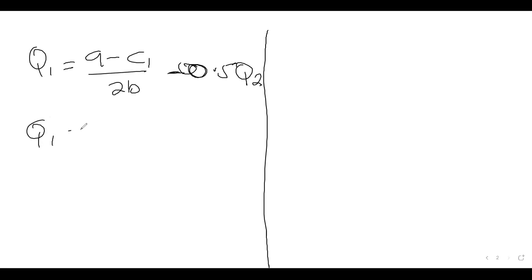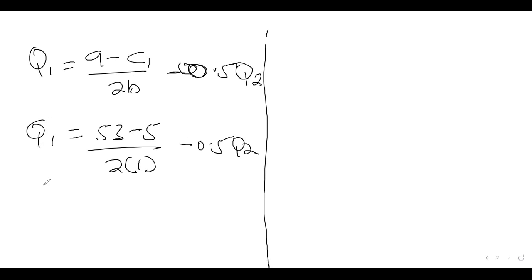So we have Q1, our A was 53, our C1 was 5, over 2 into bracket, our B was 1, minus 0.5 Q2. So if you simplify this, you get Q1 is equal to 24 minus 0.5 Q2.